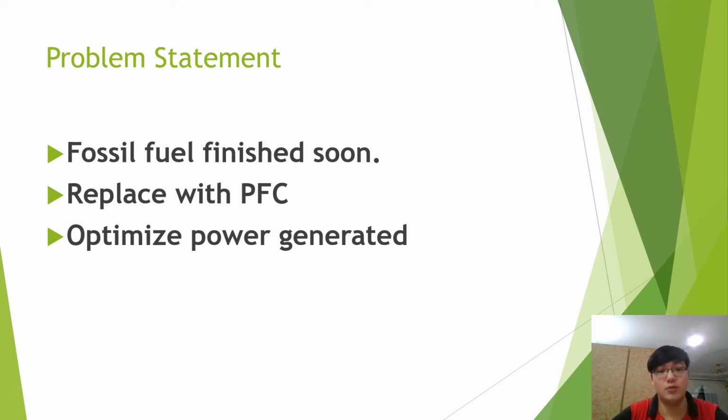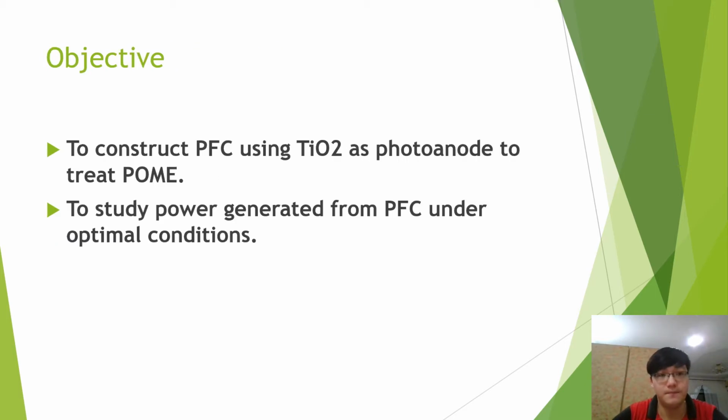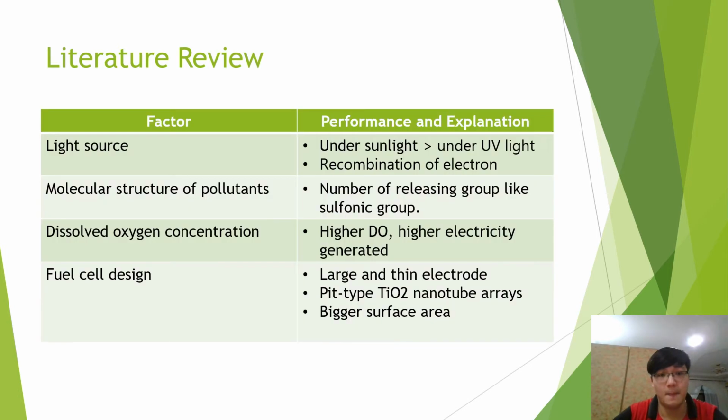PFC has the potential to replace fossil fuel to generate power and electricity. So to optimize the power generated, much research is focused on PFC systems. The objectives of the research are to construct the PFC using titanium dioxide as the photoanode to treat polymer, and to study the power generated by the PFC under optimal conditions.